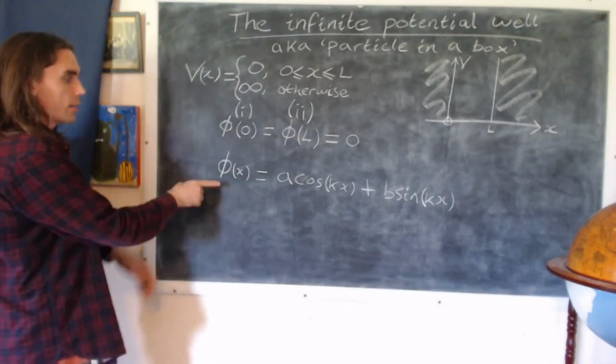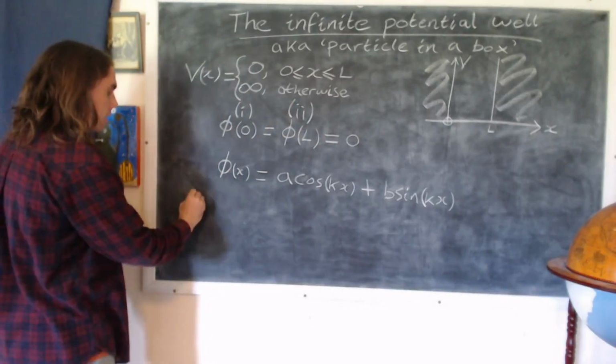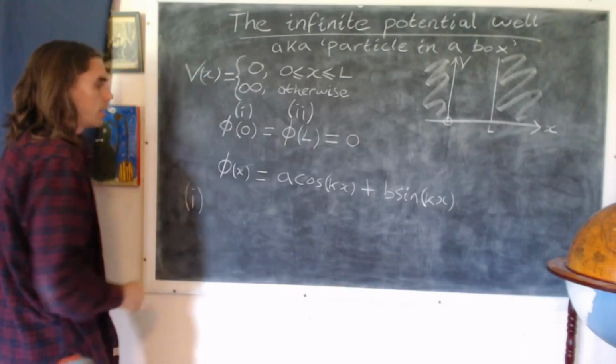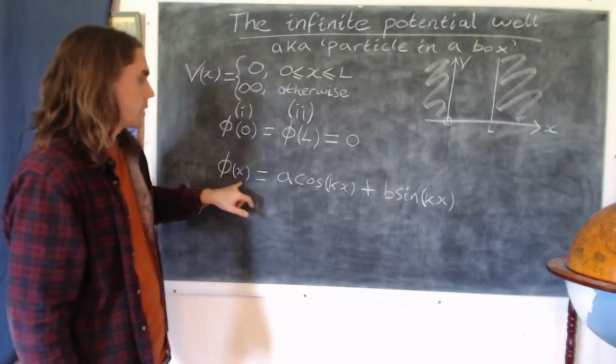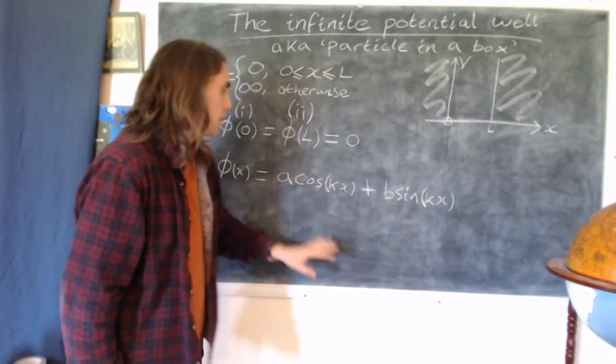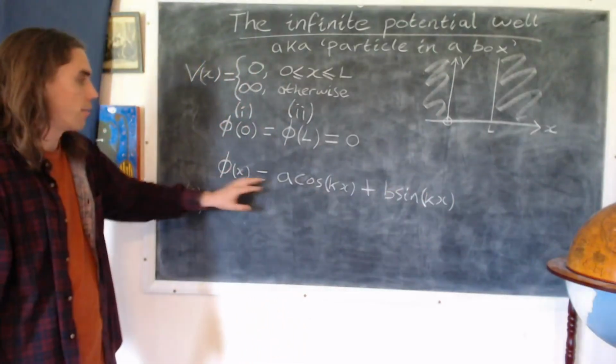So applying those boundary conditions to this state, boundary condition 1 tells us that phi of 0 equals 0. So if we stick x equals 0 into here, this one disappears anyway, and we find that 0 equals a.